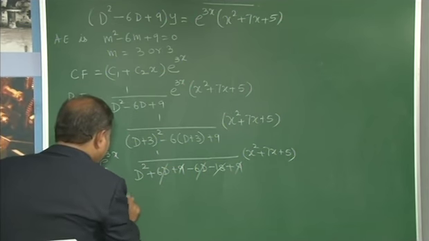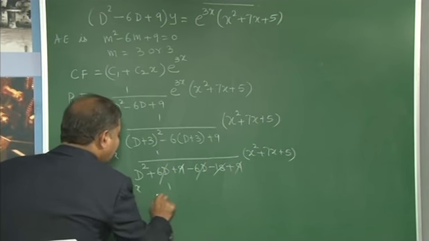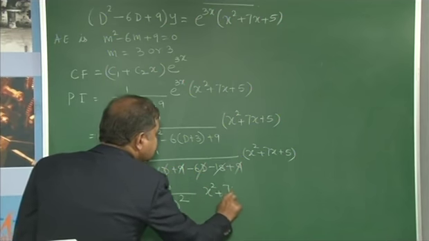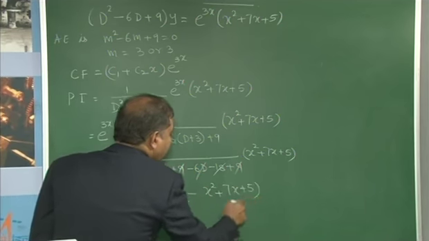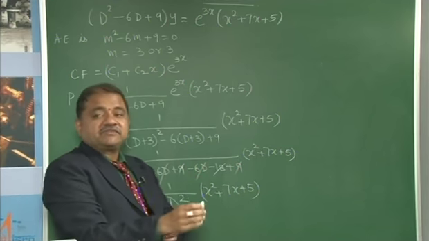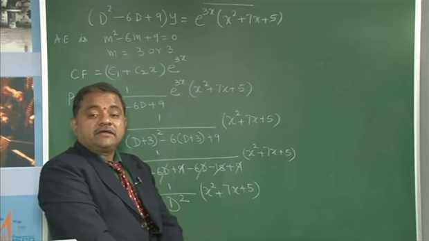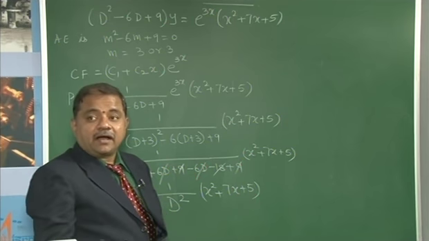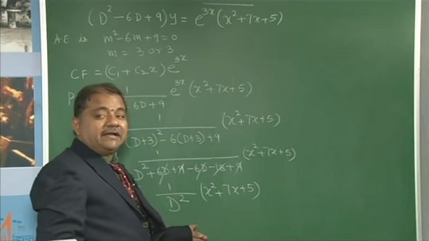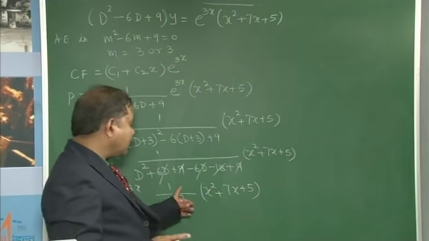So, e power 3x, 1 by D squared, x squared plus 7x plus 5. This is a particular case. We use the division process, but here only D squared is there, so I need not use any division process. What is meant by 1 by D? Integration. 1 by D squared.